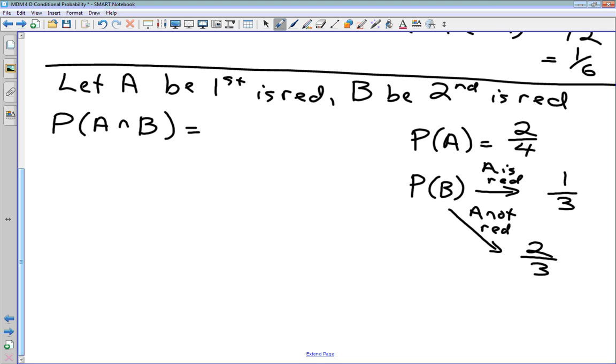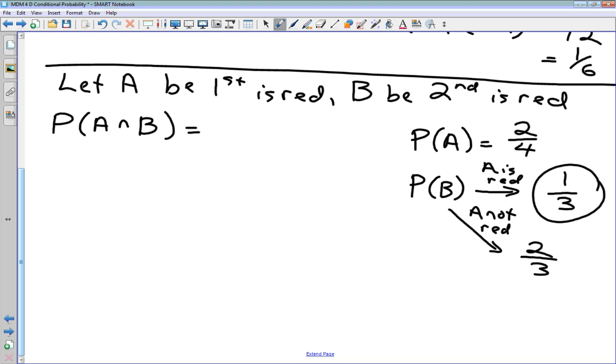How do we know which of these 2 probabilities to use? Well, remember what we're asked for here: the probability of A and B. The only way both A and B can occur is if both cards are red. So we only want the probability that comes up if we assume that A has actually occurred and our first card was red.